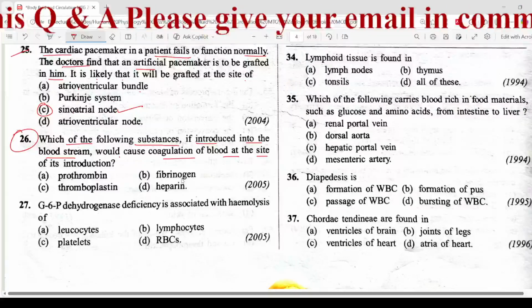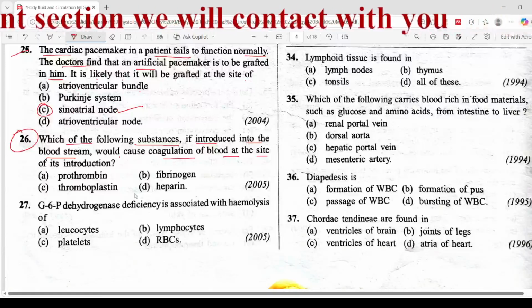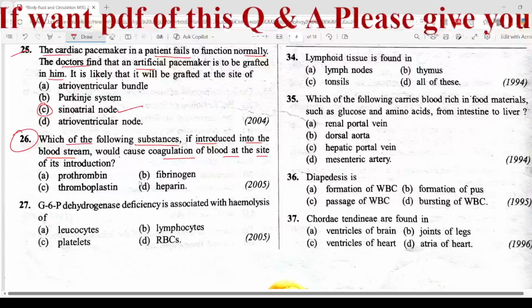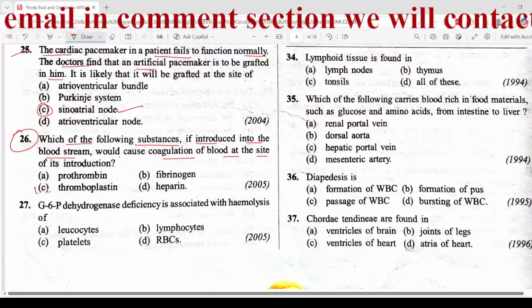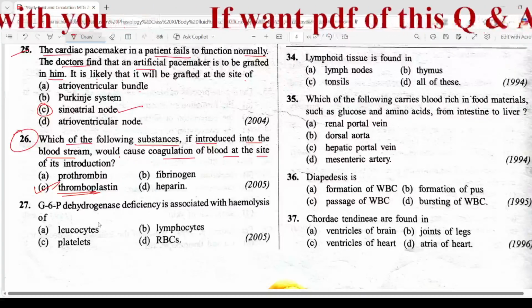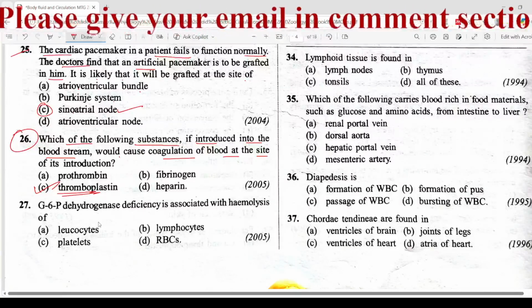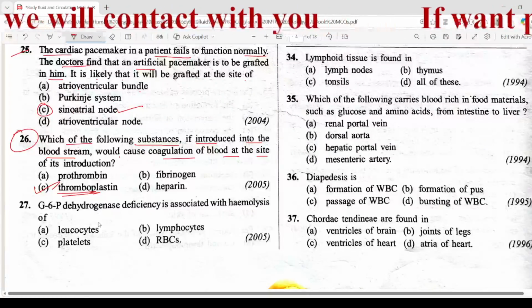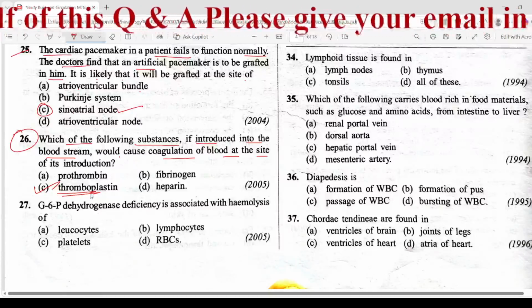So the correct answer will be fibrinogen, option C. Actually the thromboplastin converts inactive prothrombin to thrombin. Thrombin breaks down fibrinogen to fibrin, forming a clot. So this is the explanation for this question.